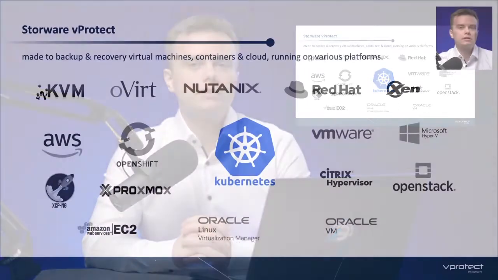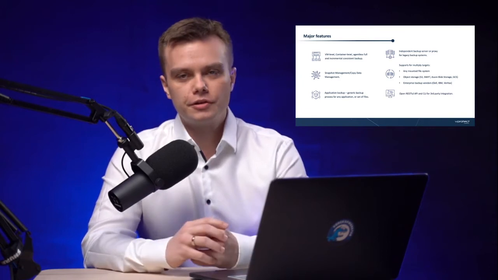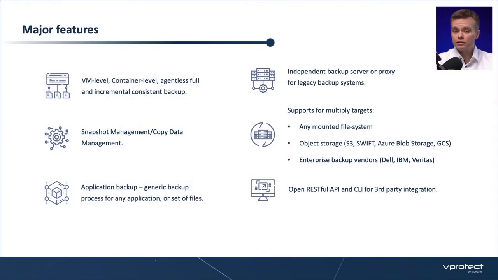So we cover multiple different virtualization platforms, and not only it's containers world as well, it's also the cloud instances like the Amazon that you can see here. So today we are focusing on the Kubernetes itself. So major features are all about the agentless backup and recovery process for your infrastructure.